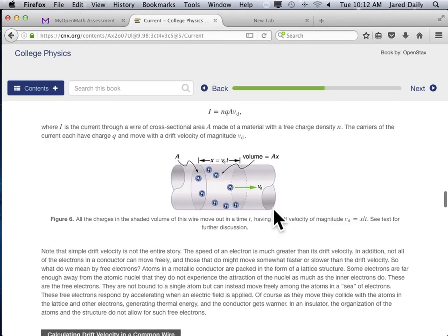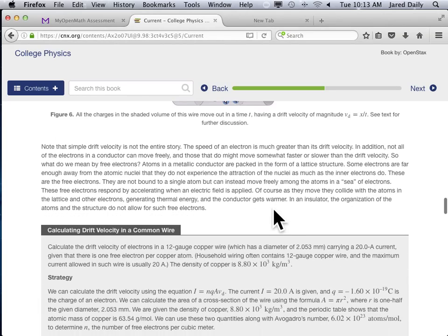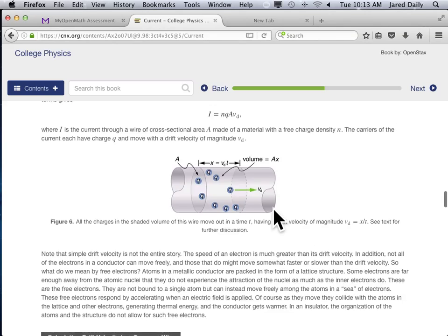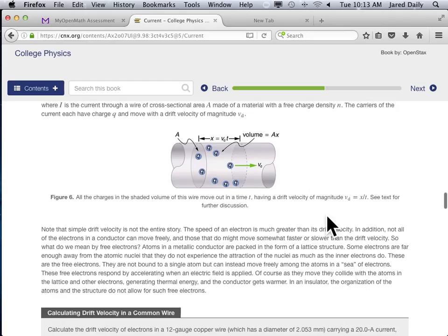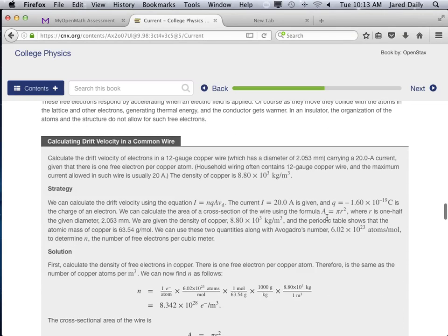This way, we can calculate the drift velocity of the charges, knowing the size of the wire. We know the charges are electrons, and knowing how many charges are moving through and the current, we can calculate the drift velocity. So why not? Let's do it.